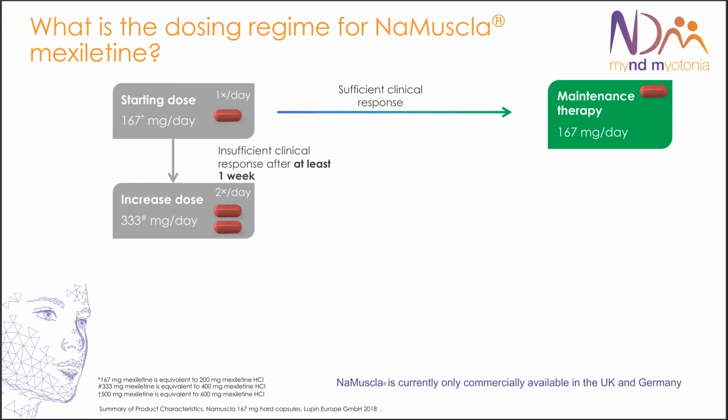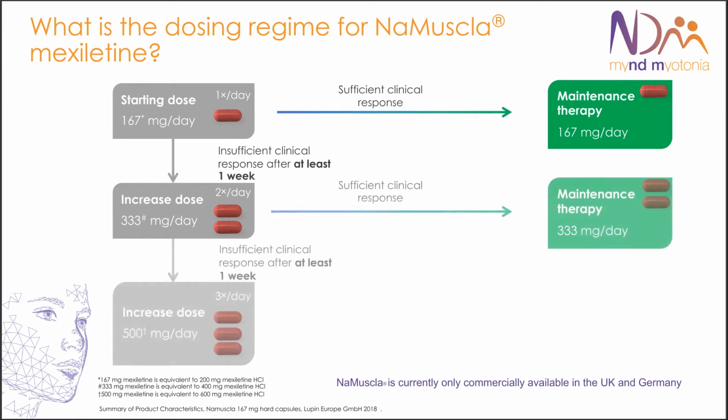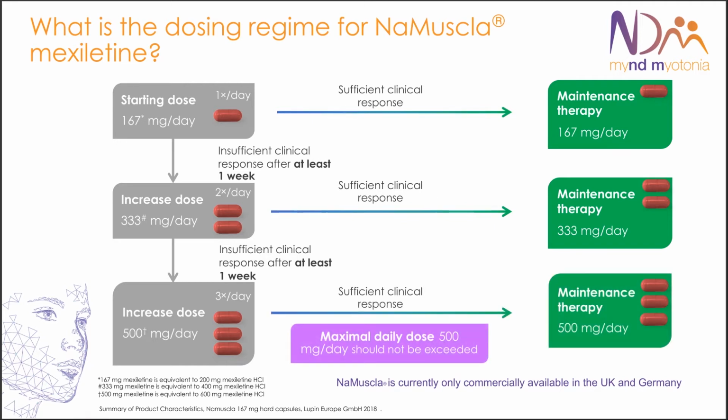If the patient is not completely improved, we can increase the dose to 2 pills per day. Then again, wait for 1 or 2 weeks. After that, if the patient has improved completely, keep that dose. If not, we can increase to a maximum of 3 pills per day, no more than that. And we can review the case and see if there is a sufficient clinical response.